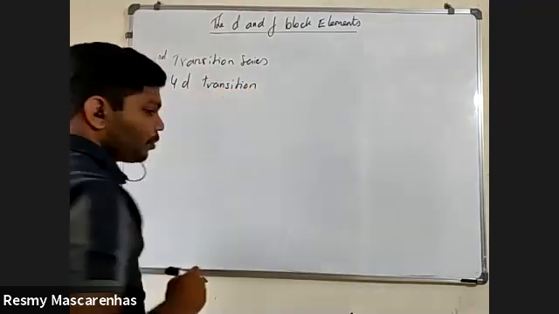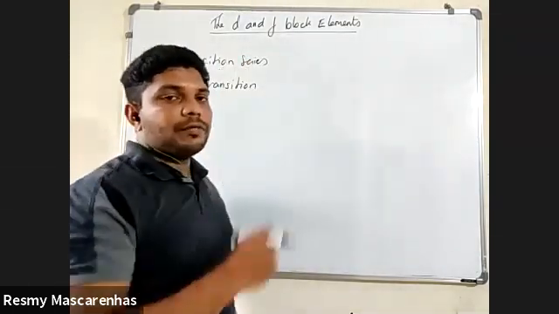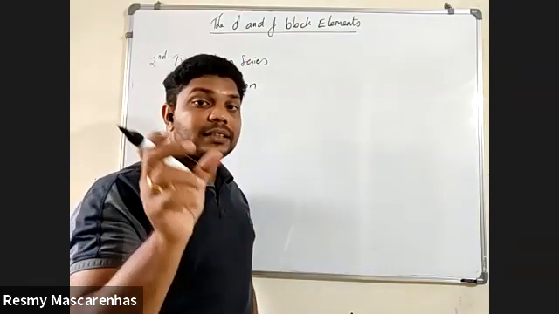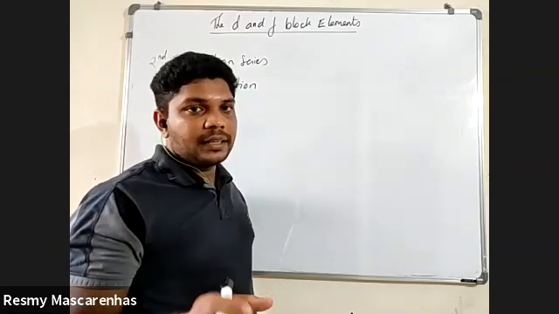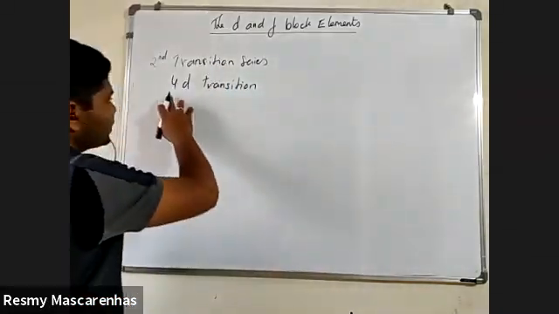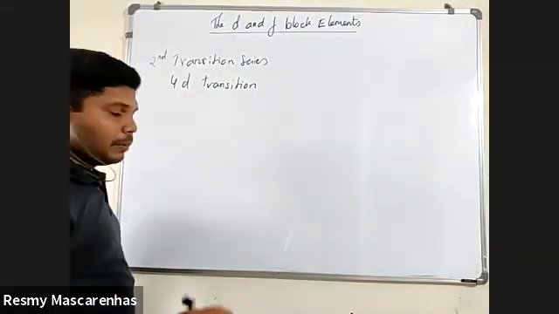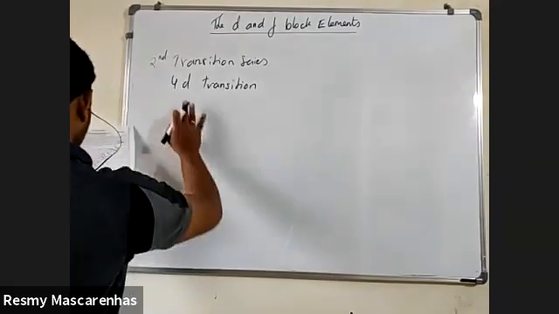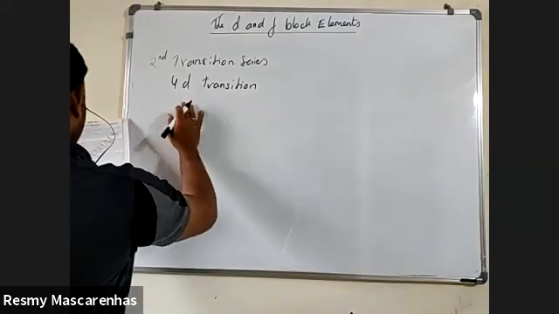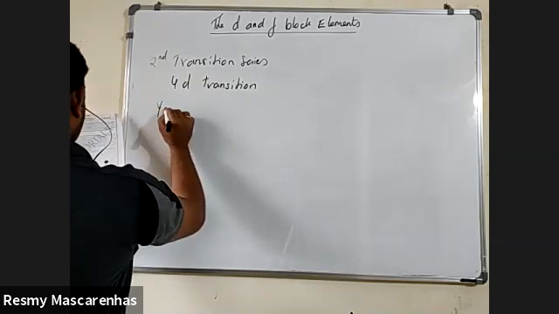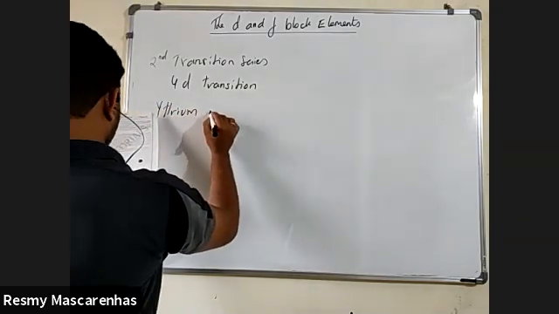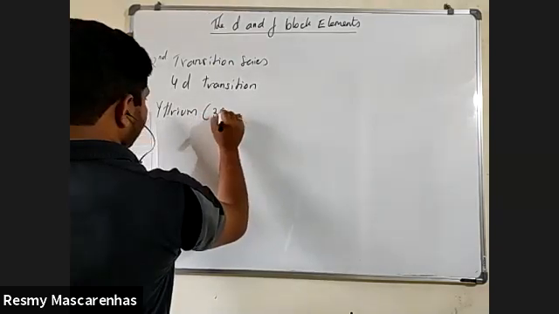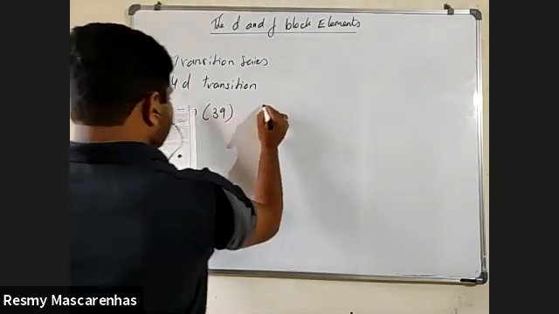One more thing I forgot to tell you earlier: the first transition series is 3d. Same way, the second transition series is 4d. Remember this. Now here, what you need to remember is it starts from the element yttrium, that is atomic number 39, and ends at cadmium.